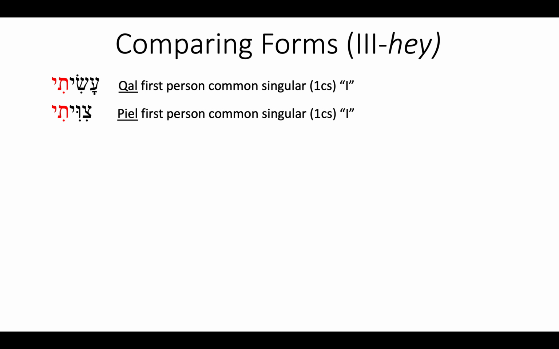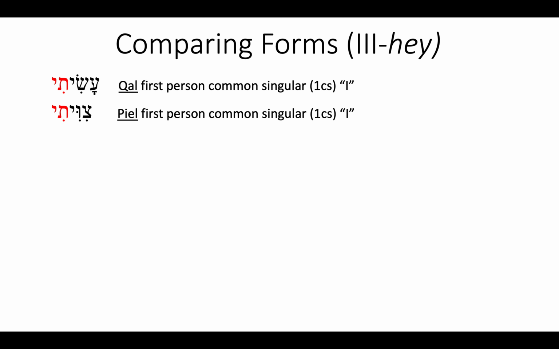Now here's a Piel that's also a third hey, so tsade, vav, hey, which means to command. And you'll notice that the exact same thing has happened with the hey in this particular morphology. And again, the middle root letter is doubled like we would expect in Piel, so it has a dagesh.